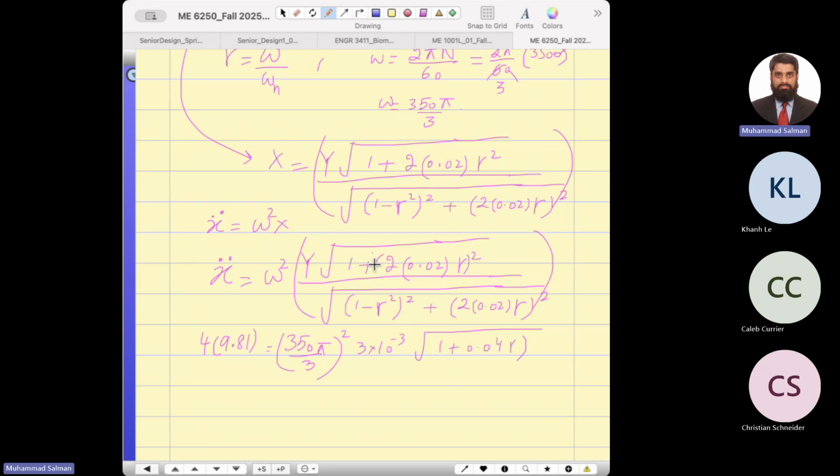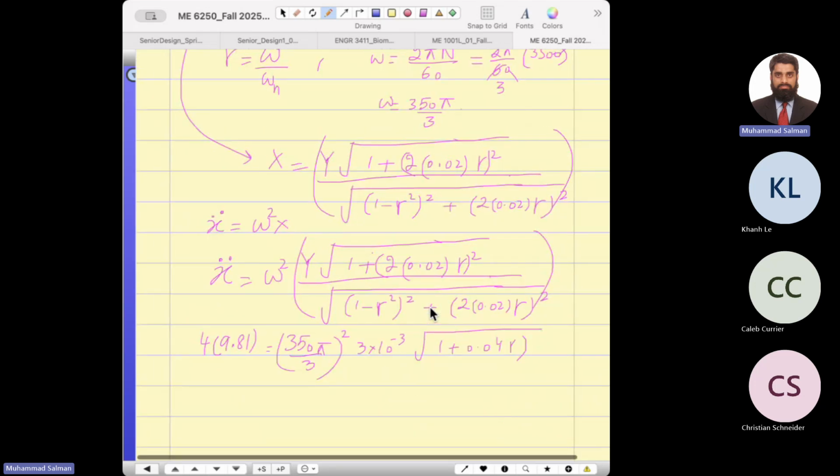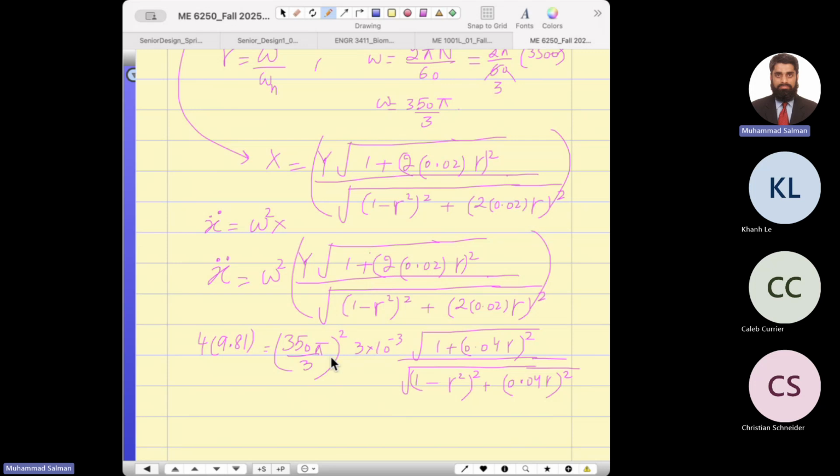Actually, sorry about this, this is a square of the whole. Yeah, this term has a full square, so this is full square, and divided by, so this is one equation, one unknown.